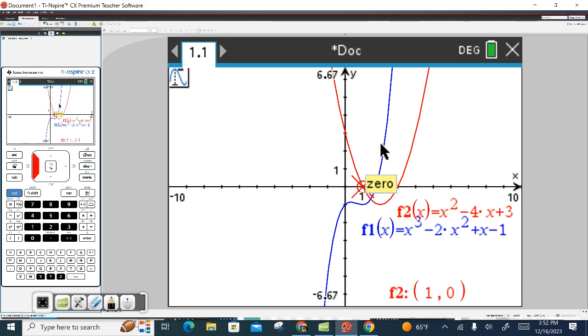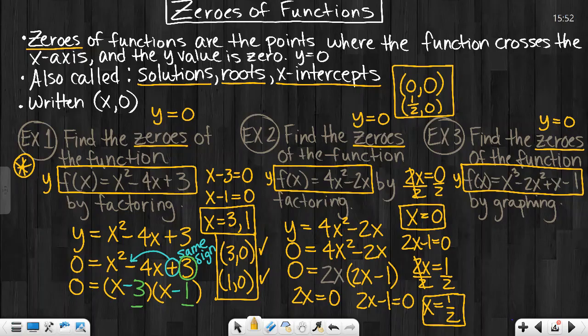So let's move to the left. And what do you see? 0. And look at the bottom of the graph. 1, 0. That's what we got. Let's move the other way till we get here. 0. And it's at 3, 0. So according to this, it hits the axis at 1, 0 and 3, 0, which is exactly what we have right there.